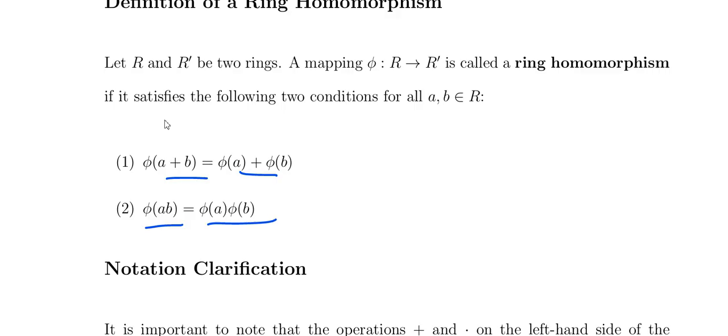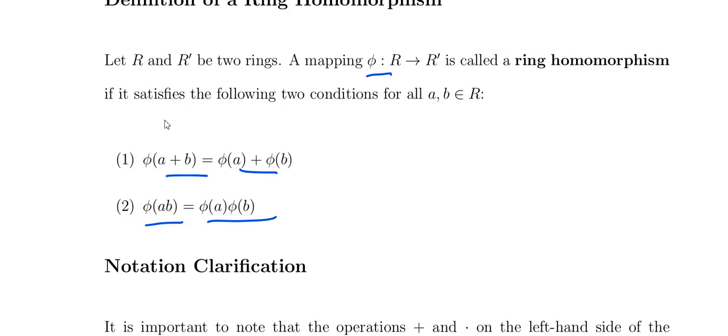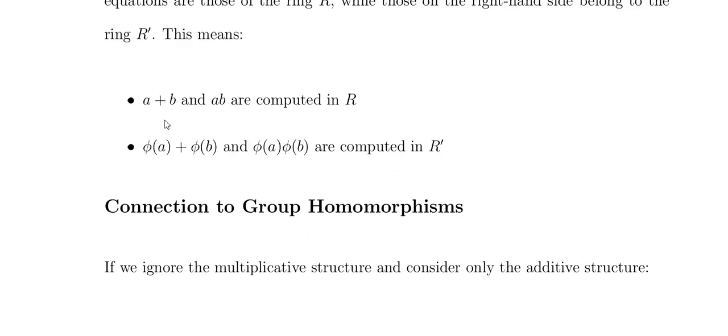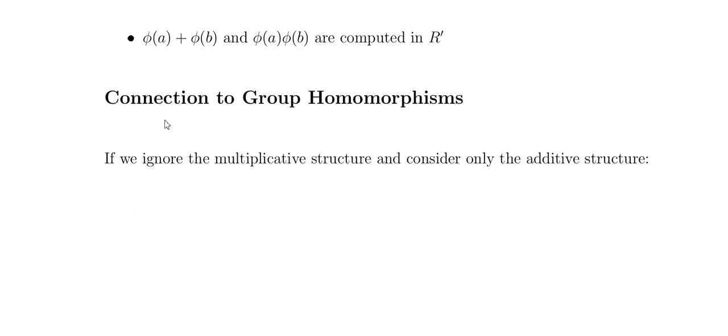When you define such a mapping from R to R dash, it is called a ring homomorphism. The clarification of why two operations are used is here, and that is the connection to group homomorphism. Isomorphism is defined the same way as in group theory: a one-to-one and onto ring homomorphism is called a ring isomorphism. Okay, thank you.